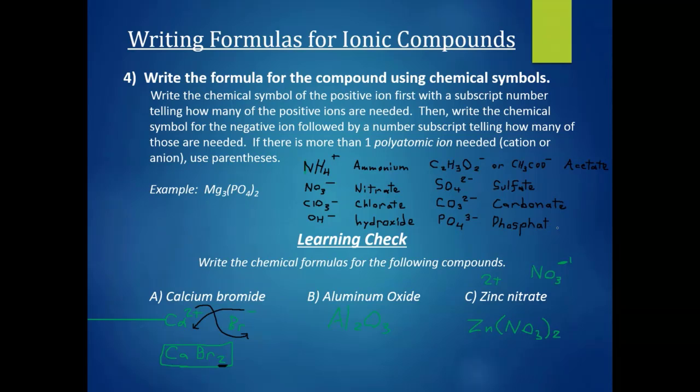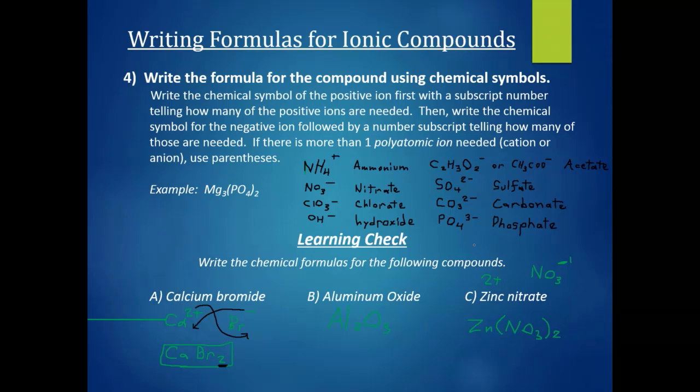Now I wish I could tell you that there was some clear pattern when it came to charge or naming, but unfortunately there's really not. You kind of end up just having to memorize them because, for example, phosphate and nitrate are both oxyanions, and nitrogen and phosphorus are in the same column, but one of them's a -1 and the other's a -3.